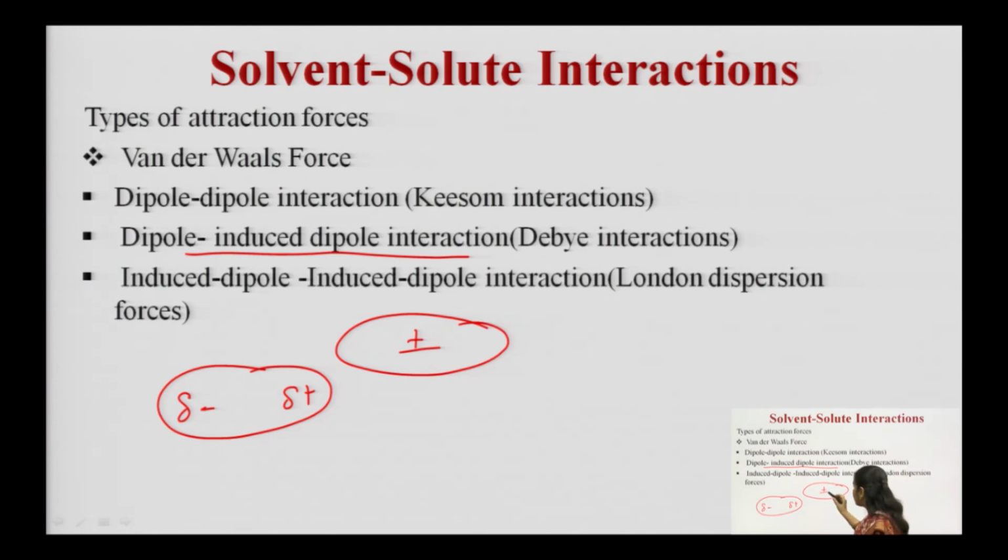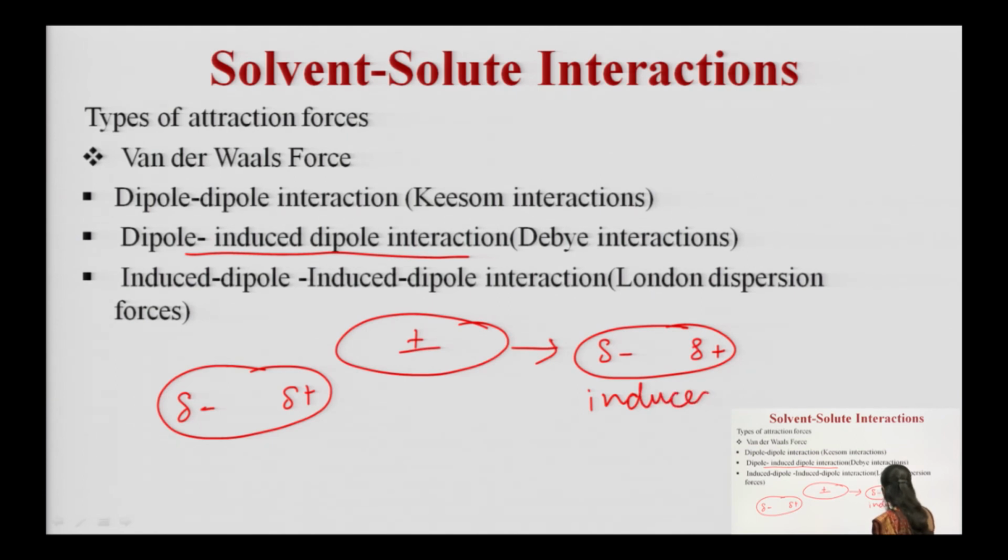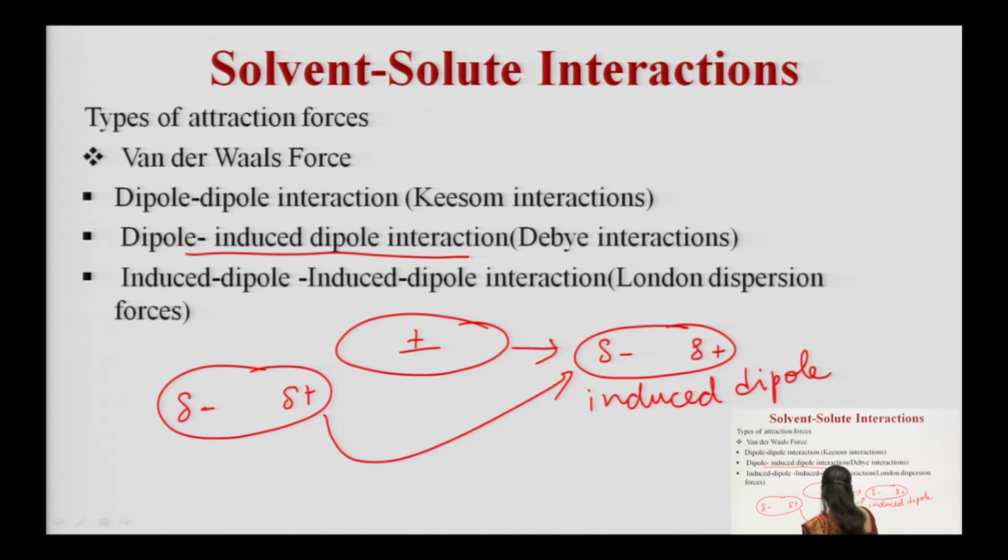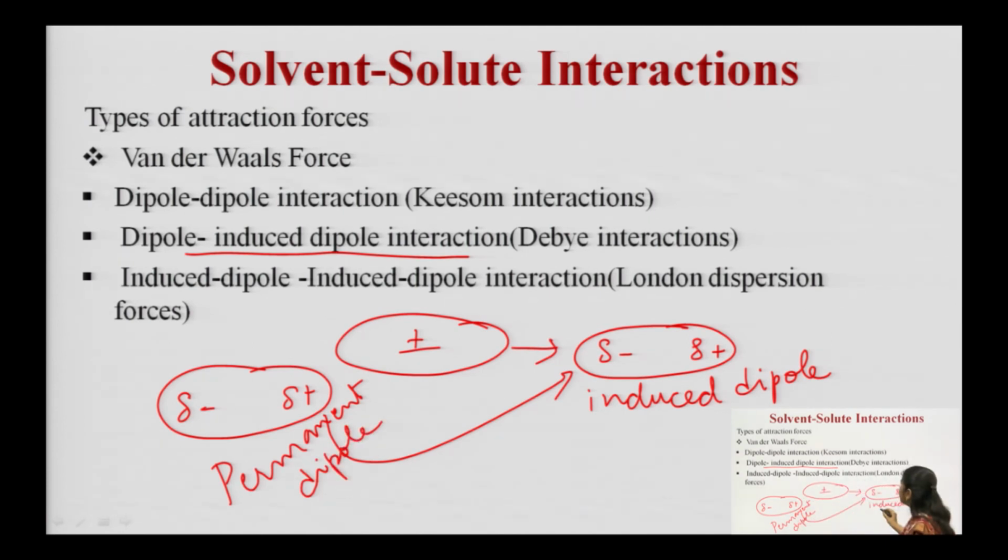As it induces a dipole in these nonpolar molecules, it converts the nonpolar molecule into a dipolar molecule, and this is known as an induced dipole. Now, the interaction which exists between a permanent dipole and an induced dipole is called Debye interaction.